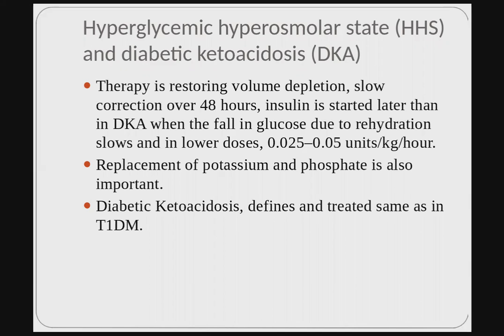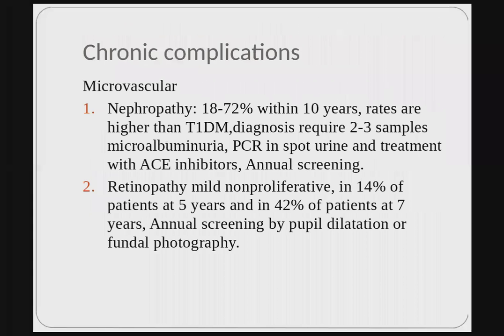While it may present with retinopathy, which is mild non-proliferative, and is seen in 14% of patients at 5 years, and in 42% of patients at 7 years. So to pick this, we need to do annual screening, and that is done by pupillary dilatation or using fundal photograph.